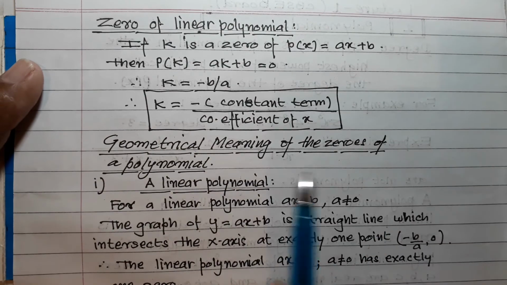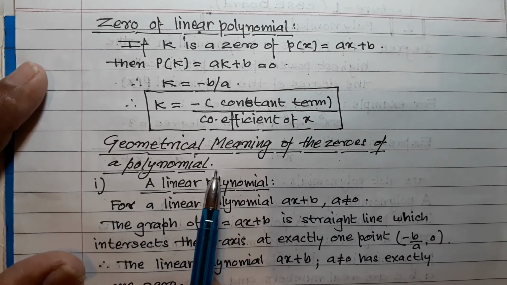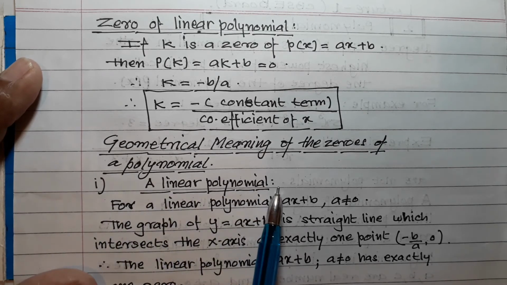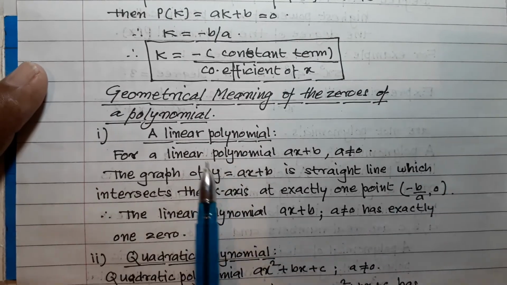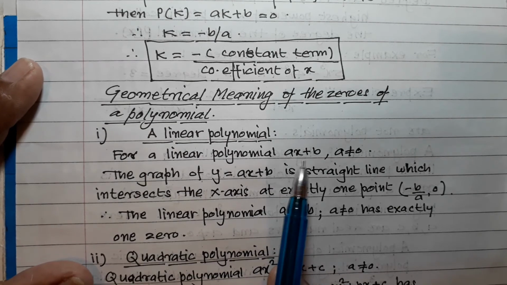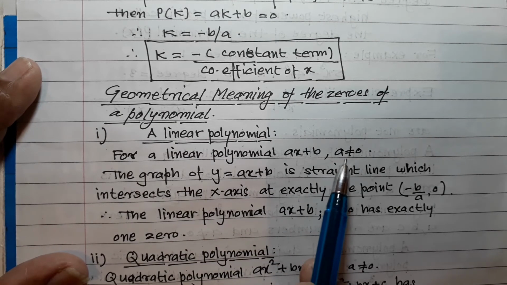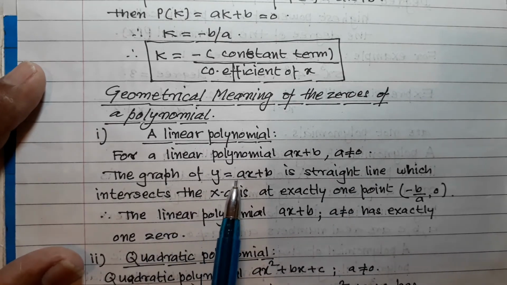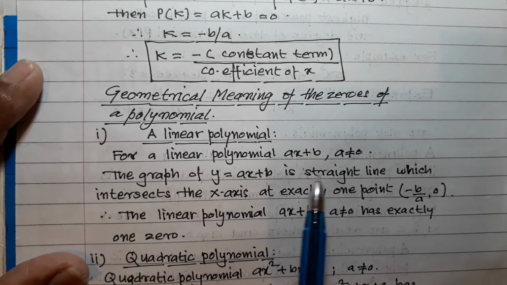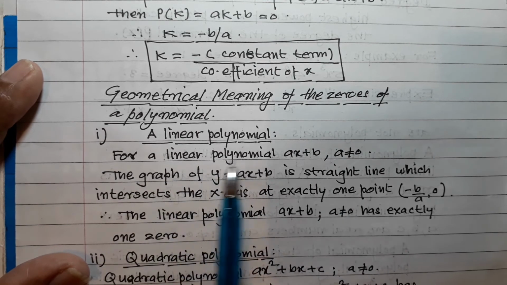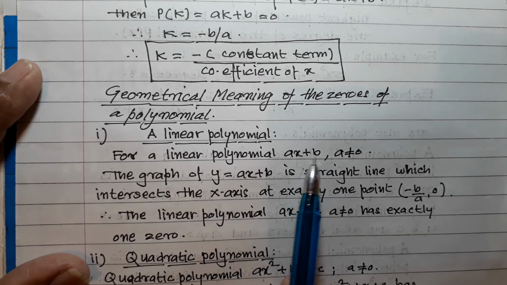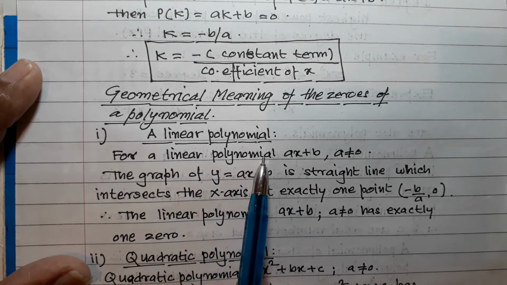Then the geometrical meaning of the zeros of a polynomial. First, a linear polynomial. For a linear polynomial ax plus b, where a is not equal to 0, the graph of y equals ax plus b is a straight line, and hence it is called a linear polynomial.